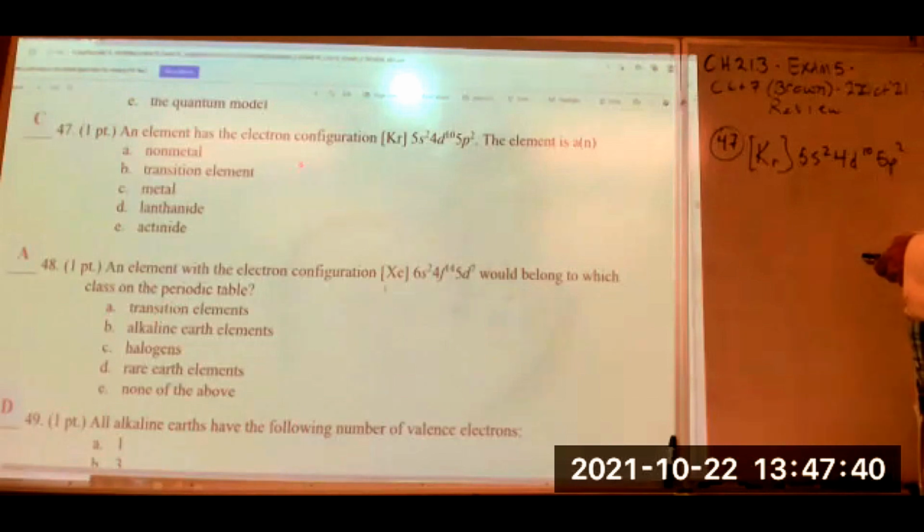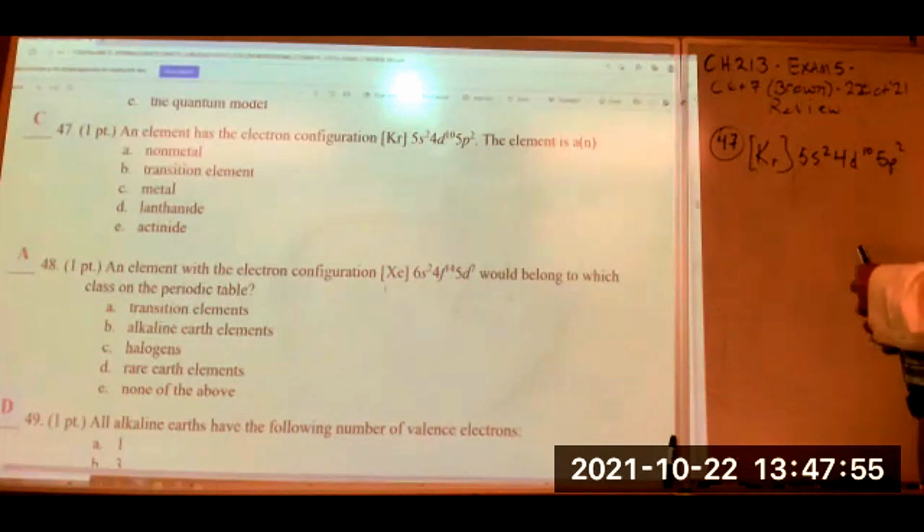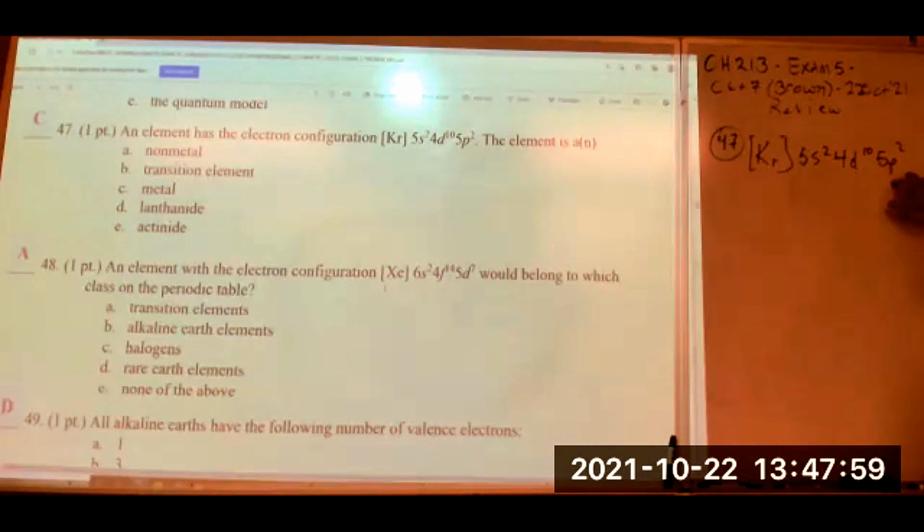Is it metal or non-metal? That's a metal because of where it's located here in the chart. It's to the left of that zigzag line. Okay. It's not a transition. It's not a lanthanide or actinide. If it were lanthanide or actinide, we'd have an f here filling up.